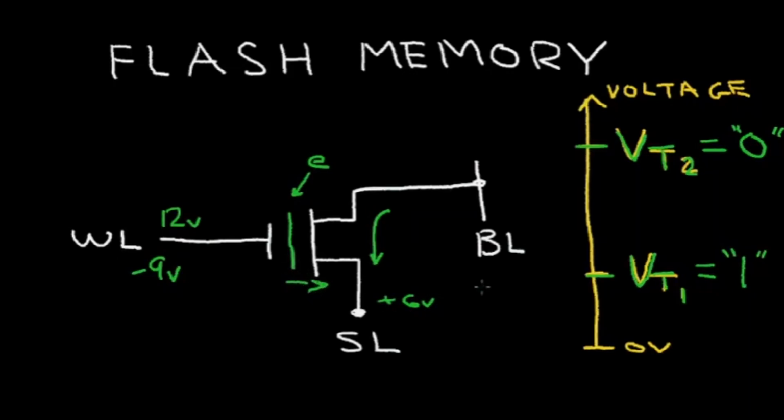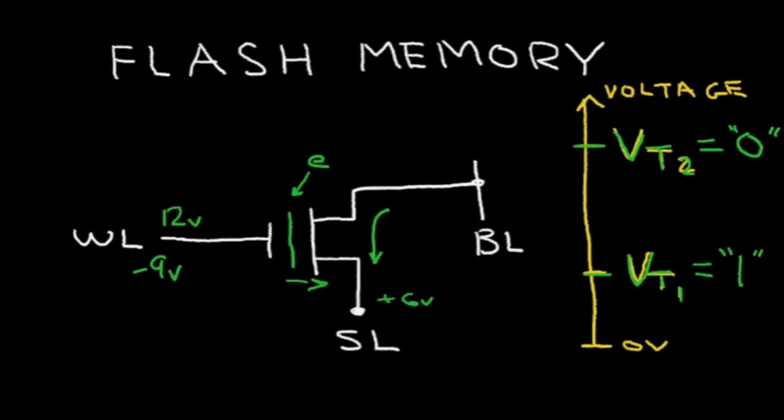And then the transistor is in a logic 1 state. So this flash memory element can be programmed many times, and under normal conditions the charge on the gate can remain for decades.